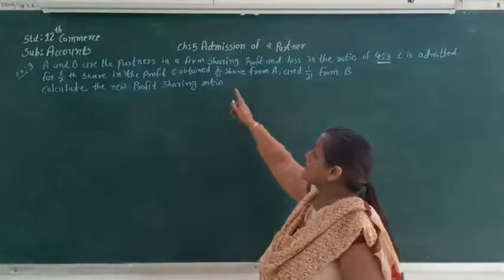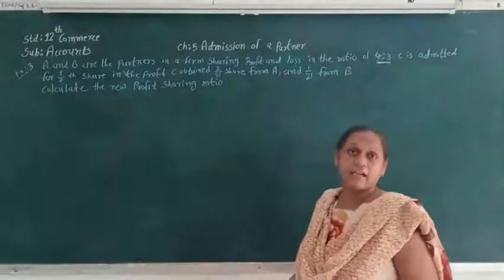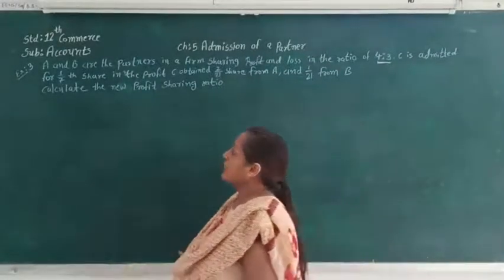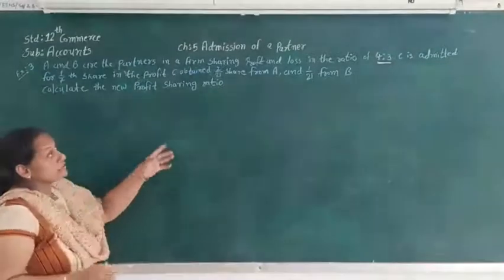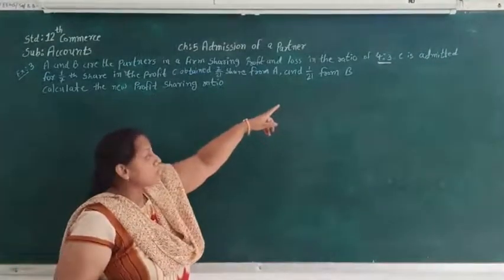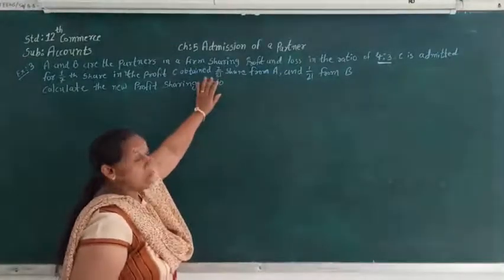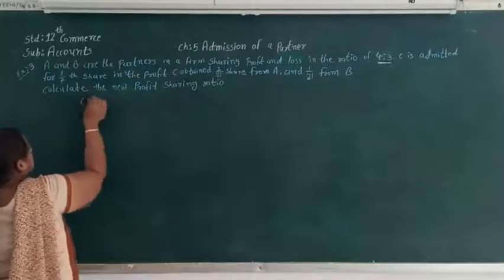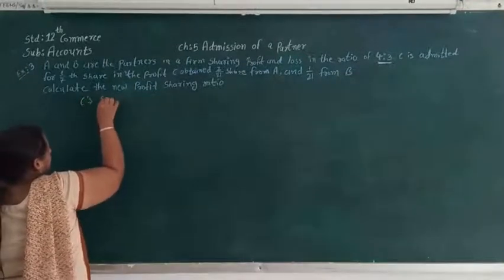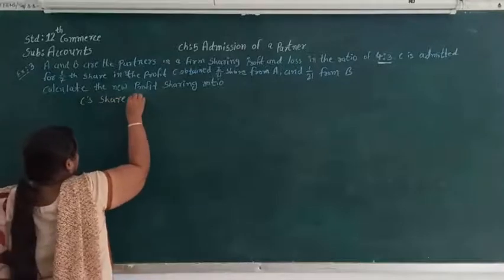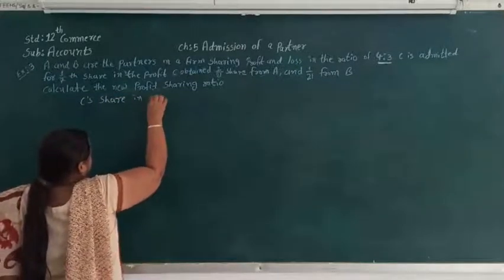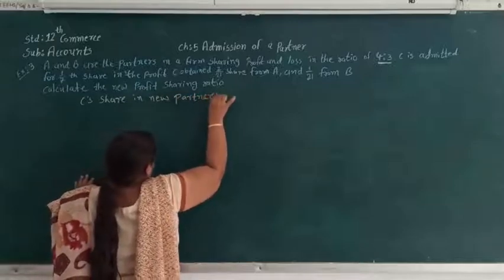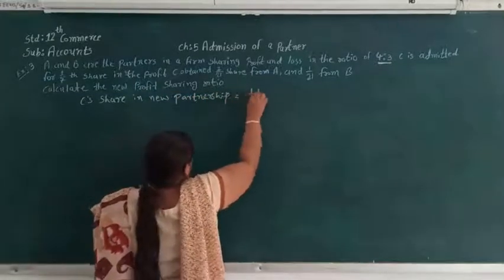So here C is straight taking his share from the old partners. So here we have to straight deduct the sacrifice from the profit sharing ratio. Okay. So here the very first thing, C's share in the new partnership firm will be 1/7.